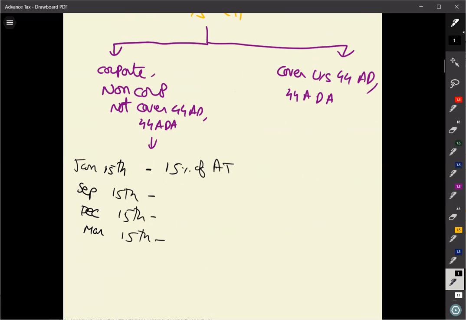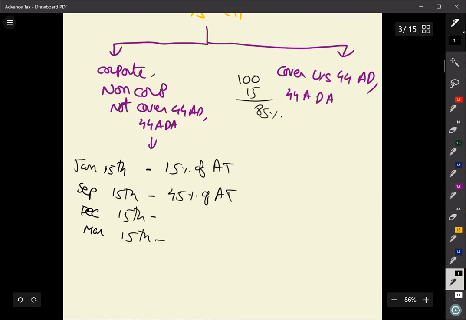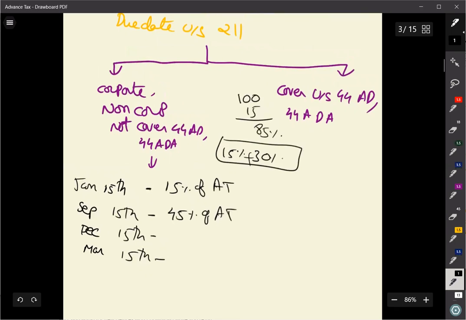Then it is cumulative. Say of 100%, 15% I had already paid, and I need to pay a balance of 85. What will I do? Here, a cumulative of 45% of advance tax means that 15% I had already paid, and now 30% more, so put together 15 plus 30, the total is 45%.